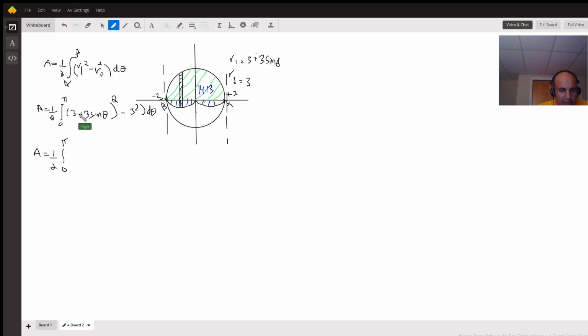This becomes A plus B squared, which becomes 3 squared, which is 9, plus 2AB, 2 times 3, 6 times 3, 18 sine theta, plus B squared, 3 squared is 9 sine squared theta, so plus 9 sine squared theta, minus 3 squared, minus 9.